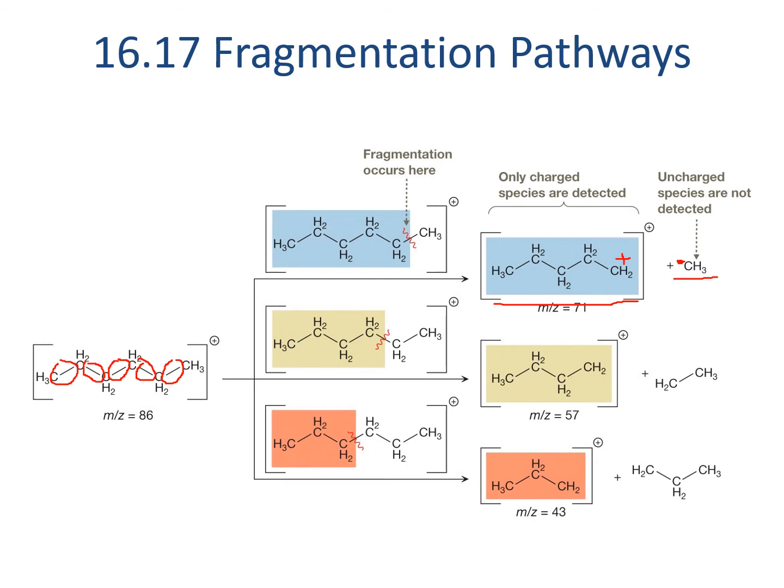In this second one, where we split between the fourth and fifth carbons, in the order that's drawn, we have a positive charge on the rightmost carbon here, and we have a radical here. Now we have still a primary carbocation, but we have a secondary radical, which is a little bit more stable. And if you remember from the last slide, this is actually our base peak. This is the 100% abundance peak.